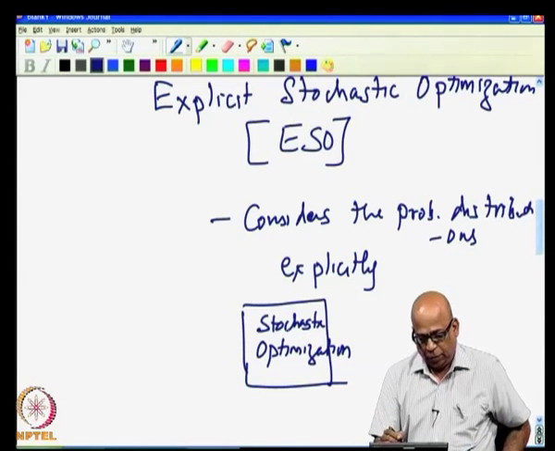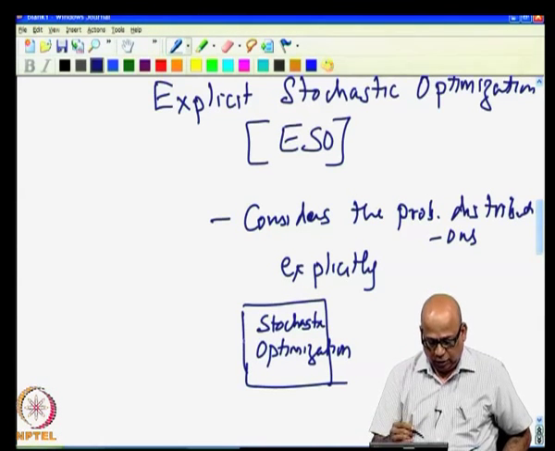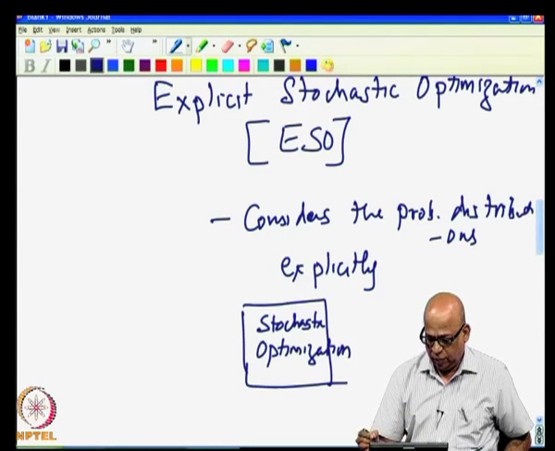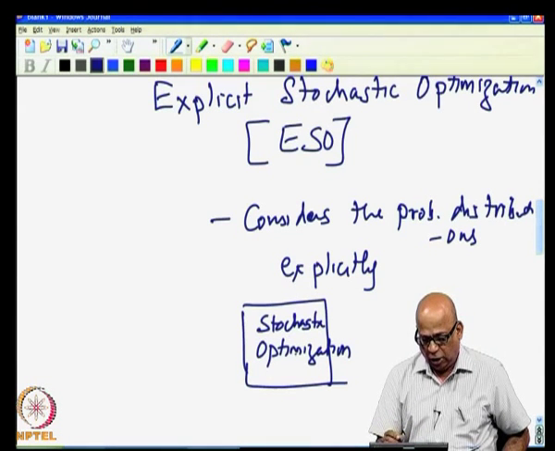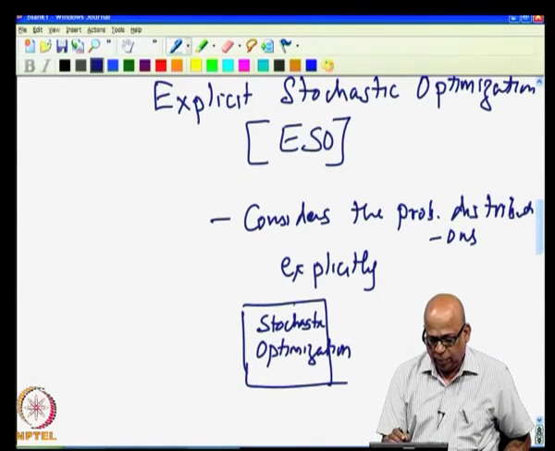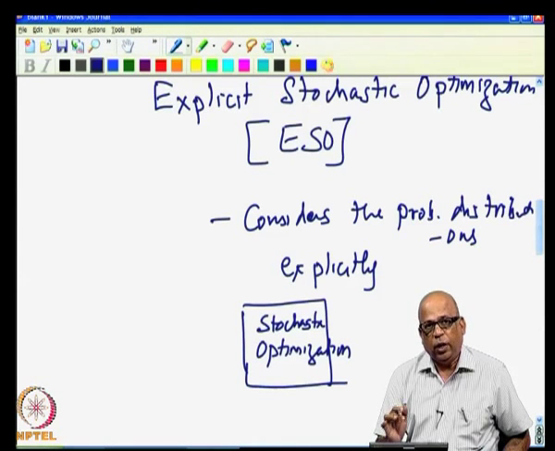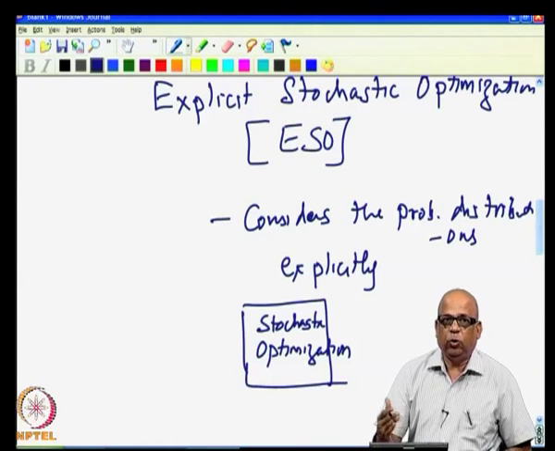And therefore, all the uncertainty information associated with the flows and all other hydrologic variables has been already incorporated in the model itself. You run the model only once and you get the output with the associated uncertainties defined. Output also will have its own distribution.